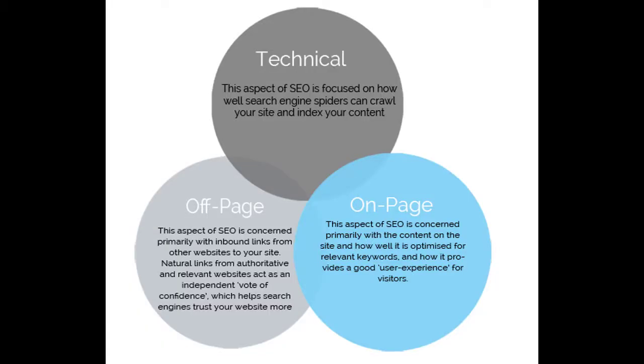In summary, you can understand the SEO picture more easily as you can see on the screen. On-page SEO is the content optimization. The only thing you need to focus on is the content. When your content is good, there is more opportunity for you to rank higher on Google.